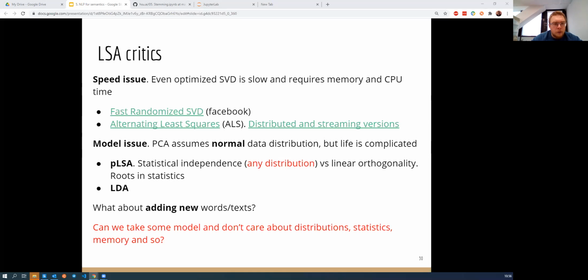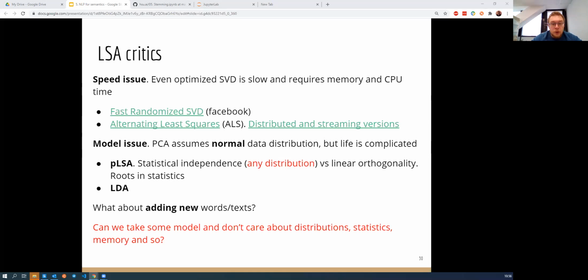Maybe you know this person from the machine learning course on Coursera, about the other way of thinking of representing the matrix of concepts. And also, there's a big problem with adding new words and new text, because if you want to just grow the matrix to the left or to the right or down, you need to recompute all the stuff. So there is a big problem with fine-tuning of such models.